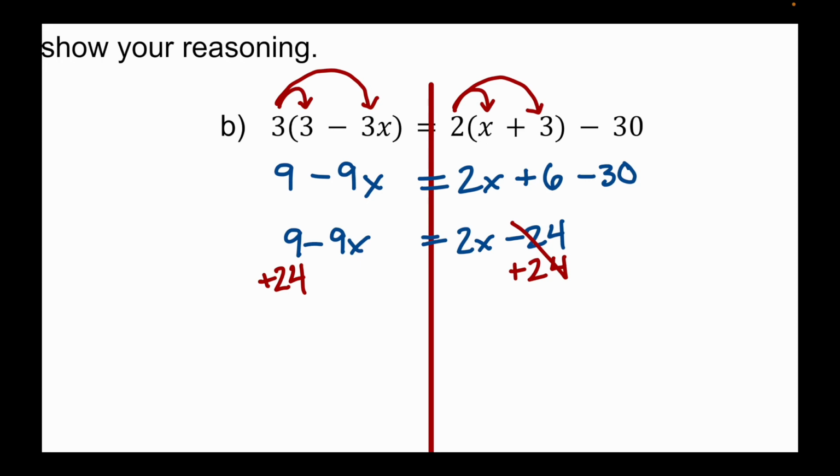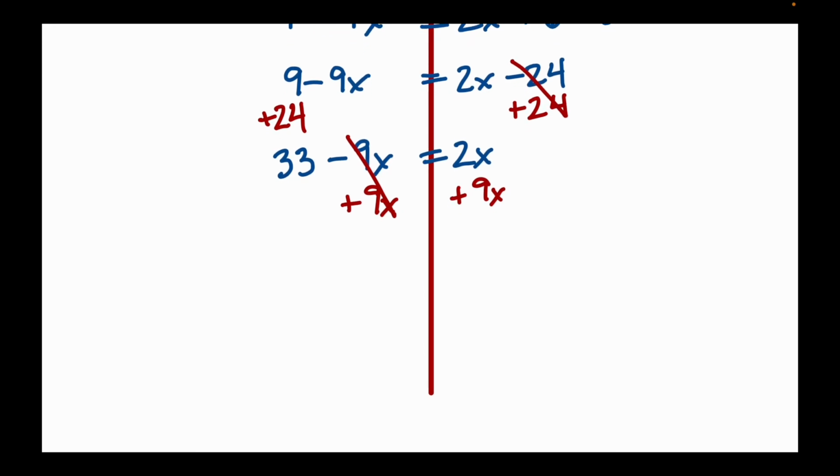So we're actually going to get 33 minus 9x equal to 2x, and then we will have to add 9x to both sides in order to move it here. So we'll end up with 33 is equal to 11x.